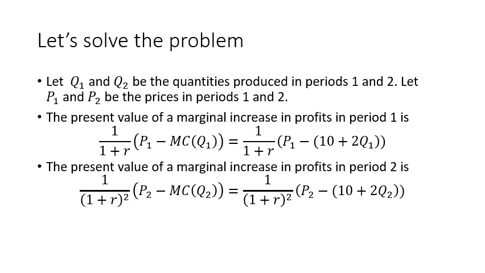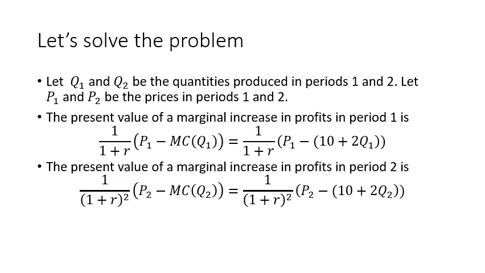And we can substitute in the marginal cost function here, so that's equal to 1 over 1 plus R, the discount factor, times P1 minus 10 plus 2Q1. We can do the same thing for the second period, and that's what we see in the equation below. Now we have the discount factor raised to the second power because we're in the second time period.